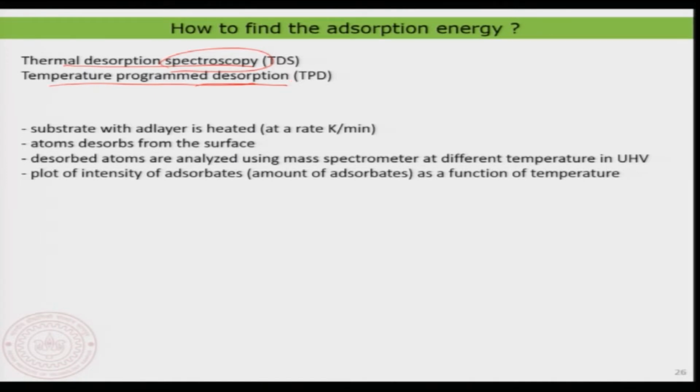You do something very simple. Everything is going to happen in an ultra high vacuum chamber. That is something I have told you, please always keep that in mind in your background. Within an ultra high vacuum chamber, you have a surface with your add layer adsorbed on it. Now, this particular surface is going to be heated at a rate, and the atoms that are evaporating into the vacuum will be detected using a mass spectrometer.